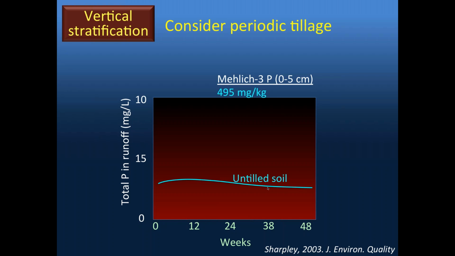So this is a one-time event. There's a great concern that the impact on soil health and erosion will basically undo any benefits you get from dissolved phosphorus, and that has to be kept in mind.